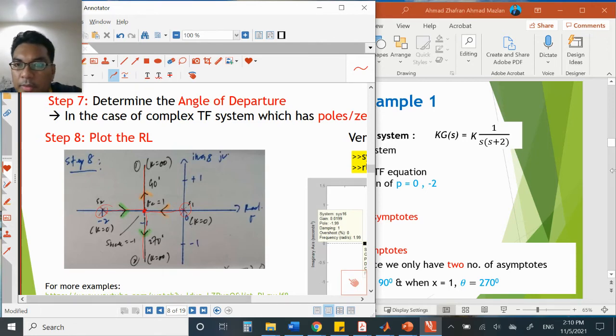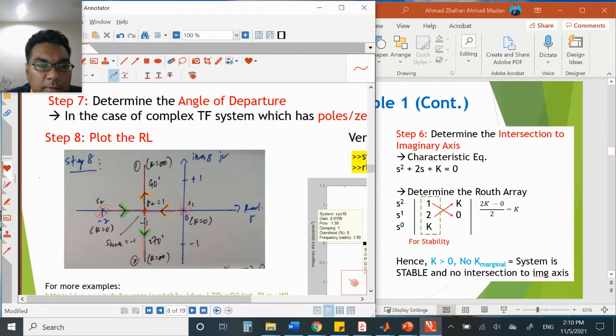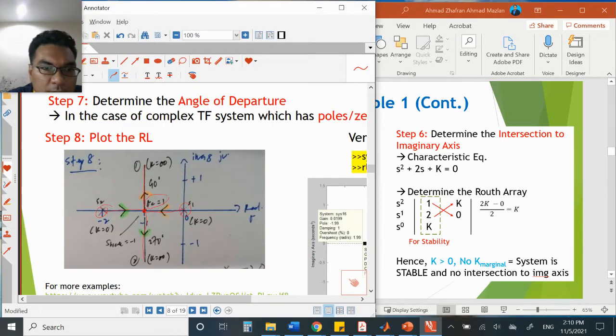Previously we have already determined the centroid of asymptotes, which is at -1, so that we can plot it, sigma c equal to -1 here. The next step is the breakaway point, also at the same point, s break is -1, so we can show the s break is also at -1.